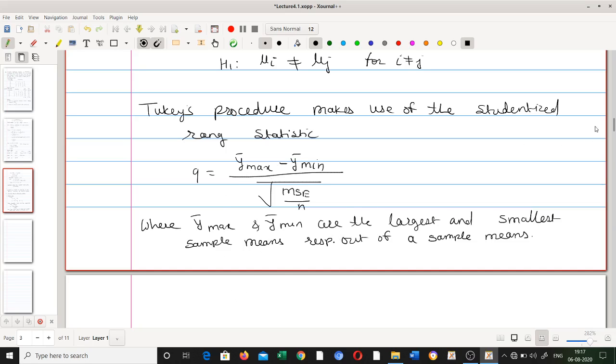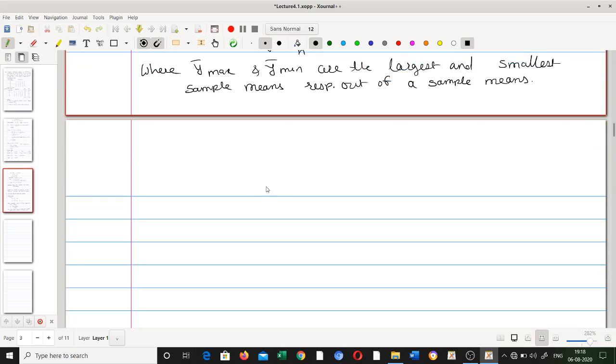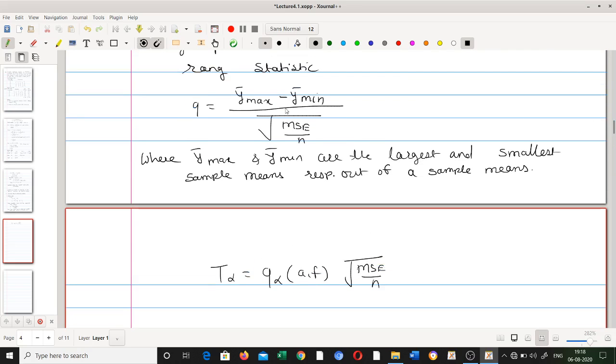So Tukey defined one test statistic, which is T alpha is equal to Q alpha, a comma f, into square root of MSE upon n. So what Tukey had done?